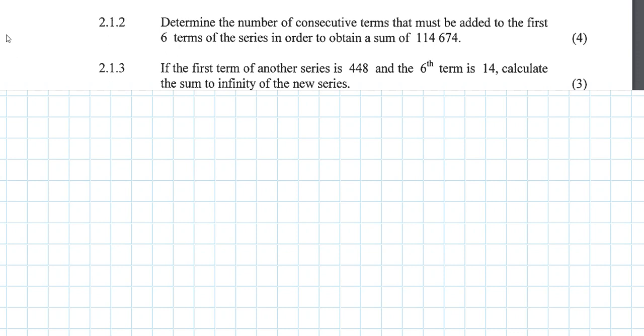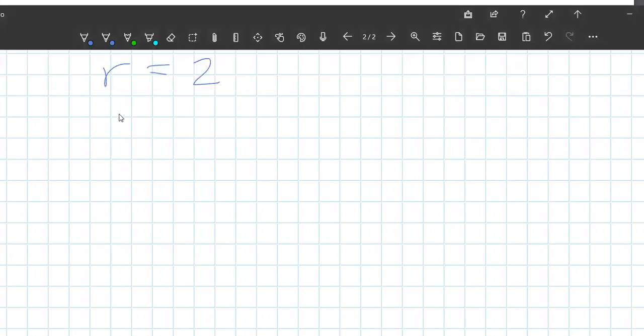So we can say that the sum to n is equal to some sum that we don't know, plus the sum to the first 6.